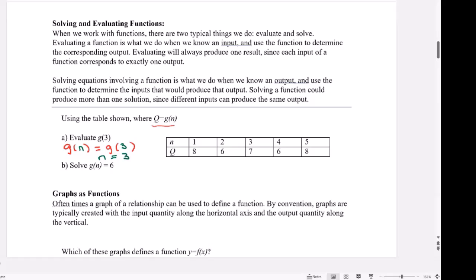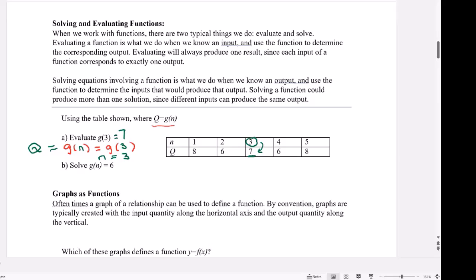So we come over here to my N. N is 3. I find my Q. Q is 7. And so when I evaluate this, I'm saying this equals 7, since G of N is equal to Q. So hopefully that made sense.